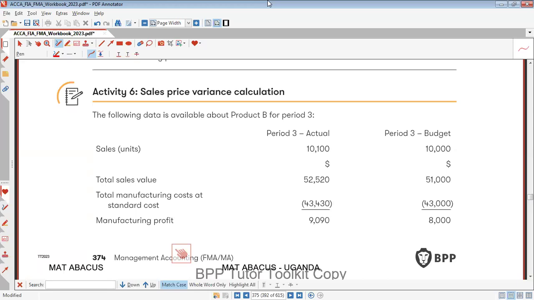For 51K, they give you 2 chicken. So for them, they are not targeting many customers, they're just targeting very few. So they're hoping that their price variance will compensate for the volume variance. Chocobo guys are hoping the volume variance will compensate for the price variance. So let's work out activity 6.